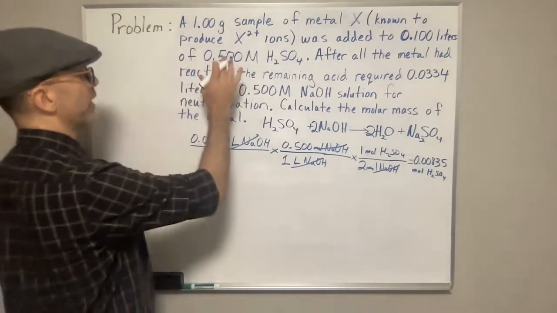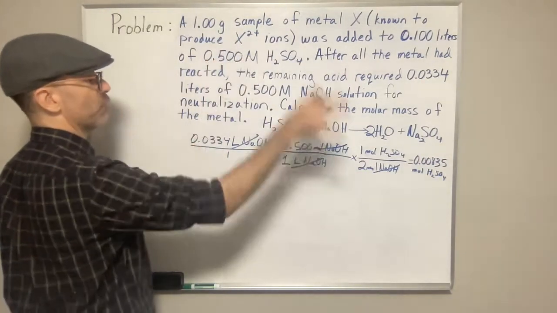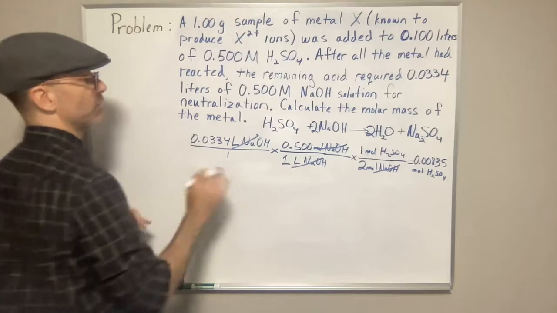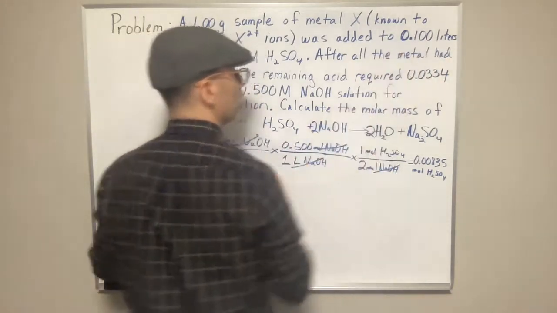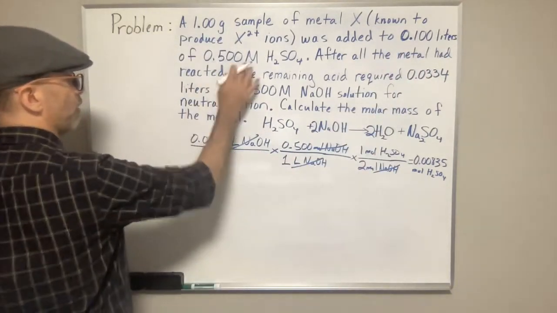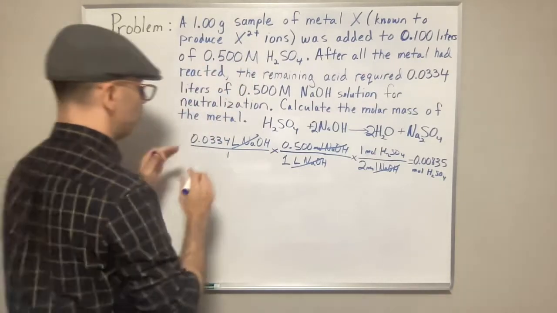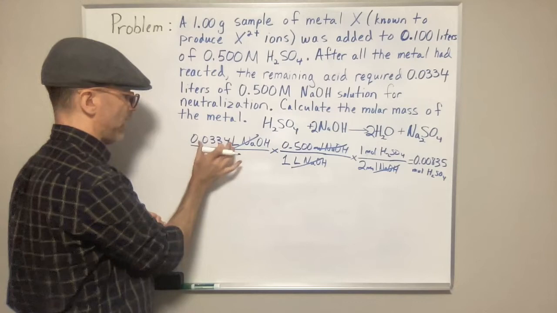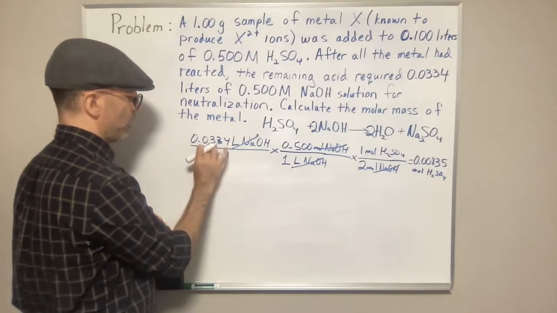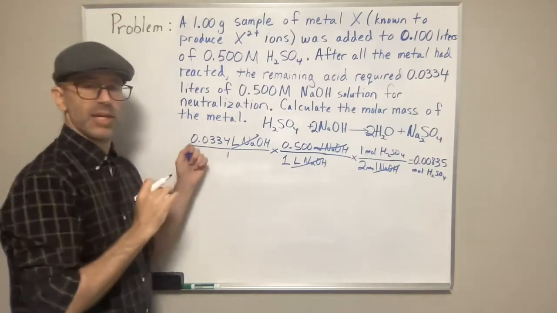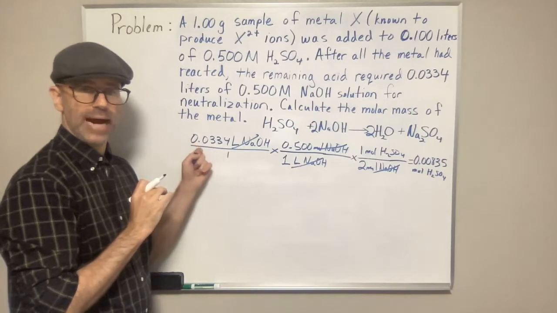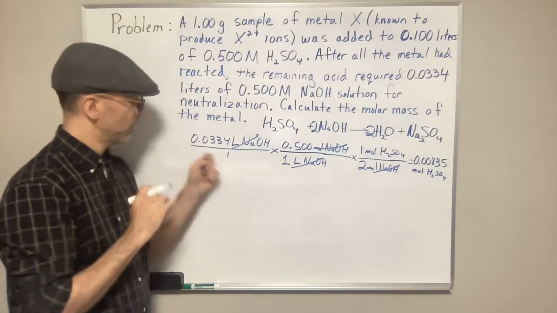So let's calculate now the total amount that I threw into the reaction vessel. I had 0.100 liters of 0.500 molar H2SO4. Before we move on, we should make sure we have the right number of sig figs. Here I have 3 sig figs. The zeros in front are never significant.